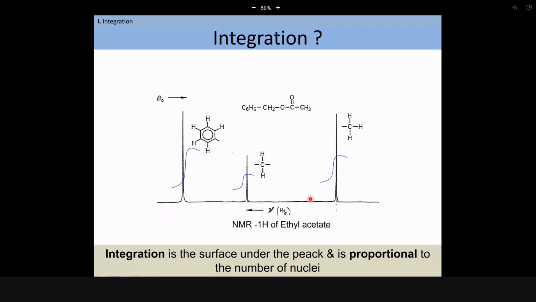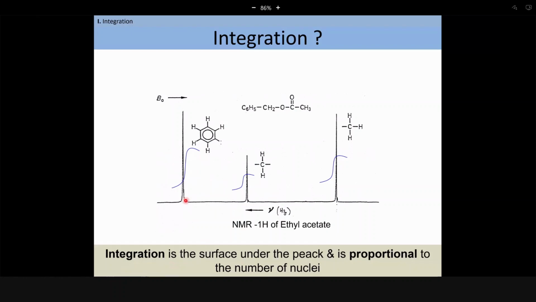So here, if we make the ratio between each surface, we calculate how many times we have the surface of the smaller signal in the others, and we can say that here we have 1.5 times more protons here and 2.5 times more protons here than in the smaller signal.